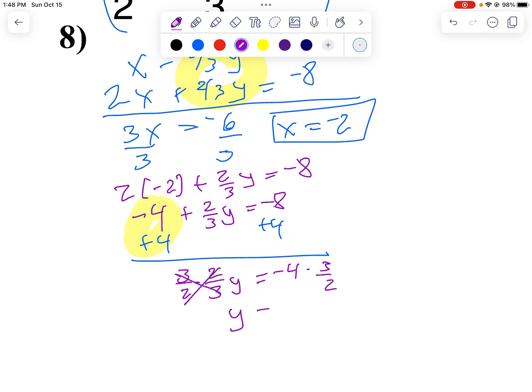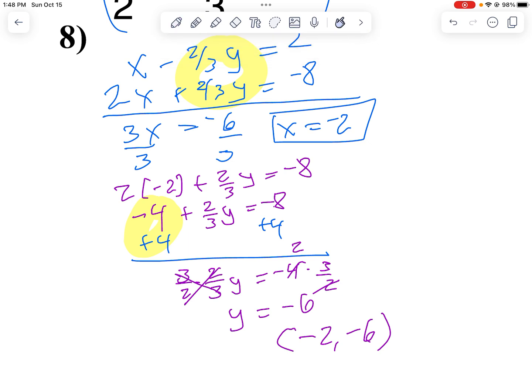So I get y. 2 goes into 4. 2 times -2 times 3 is -6. So although we have fractions galore in that one, we end up with two whole numbers for an answer. So -2, -6 works out nice on that one.